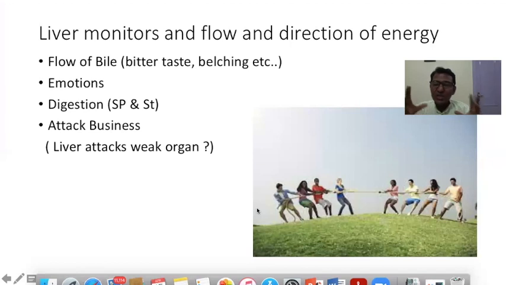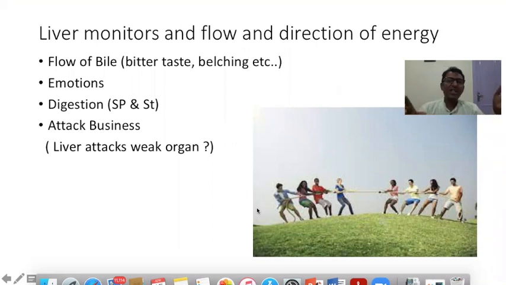So each of these scenarios will give different symptoms. Okay, so based on the symptoms we can understand what is happening between these two organs, the liver and the other organs, spleen, stomach, small intestine, etc. So how is this attacking happening?